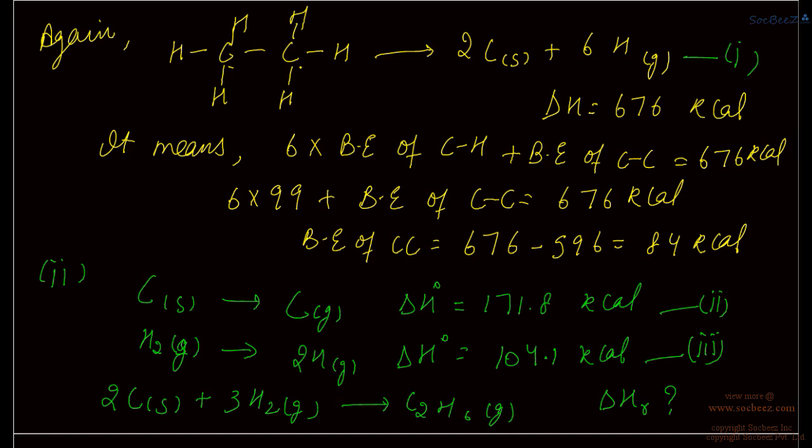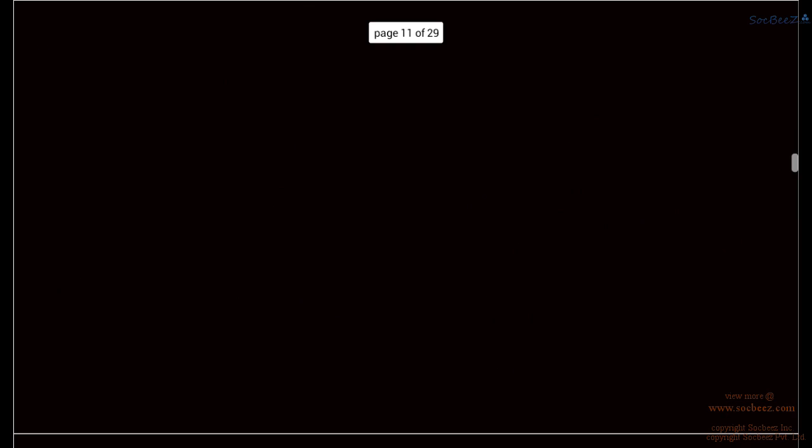So its delta H we need to find out. Now if we do some mathematics, that is, if we multiply equation 2 by 2, and then add it to 3 times equation 3, and then subtract from it equation 1.